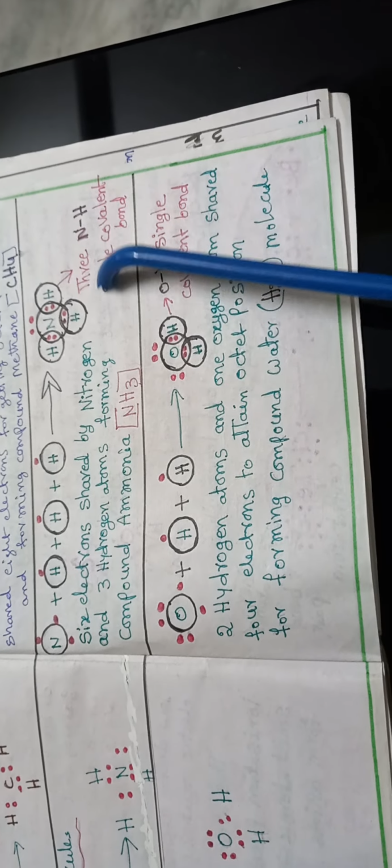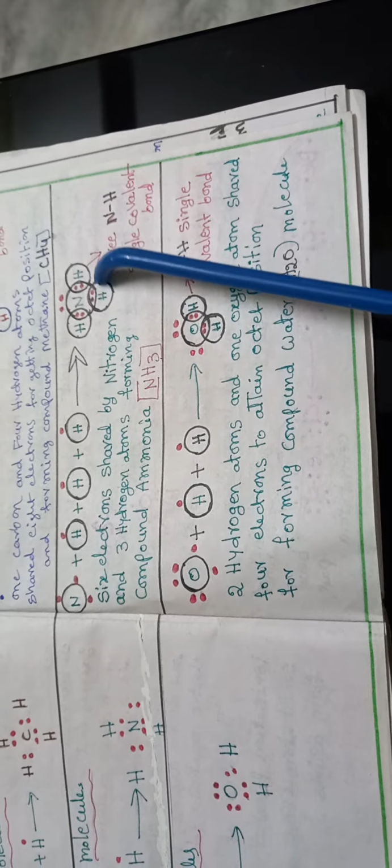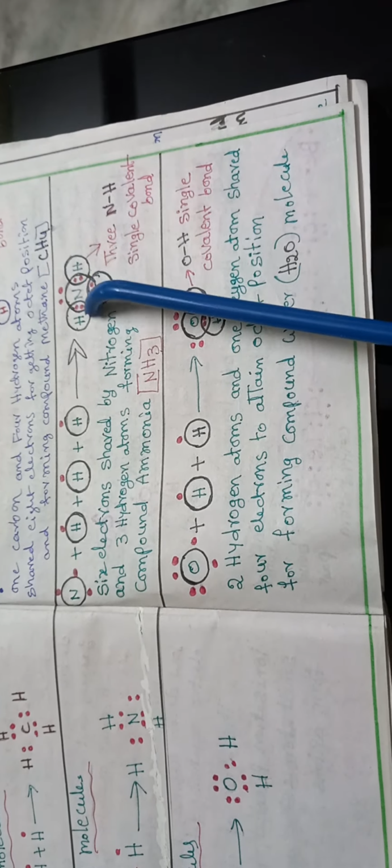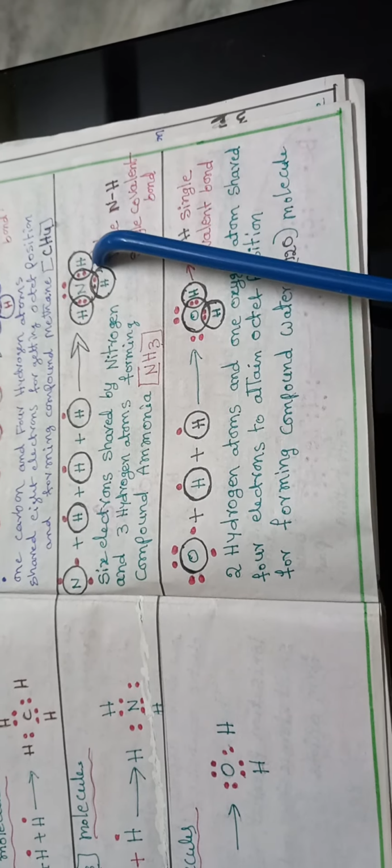NH3, single covalent bond. Single covalent bond is formed between the nitrogen and hydrogen for getting the octet position.